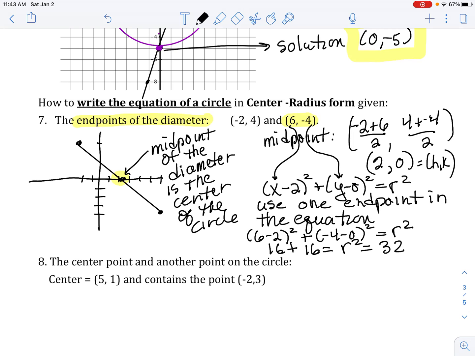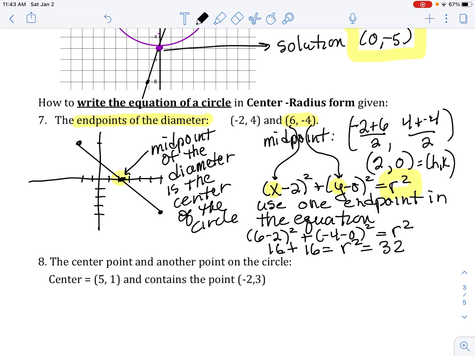So please notice how I used the x and the y, I substituted them in. It's kind of like point-slope for a line. I substituted them in to determine what my r squared is, because that was my unknown. An alternative way is to use the distance formula, all right?